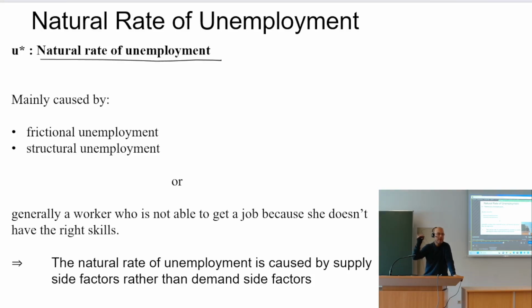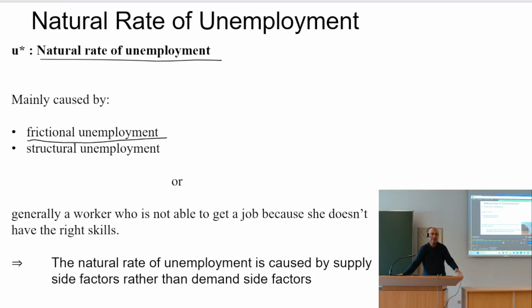For this, you can also remember your macro course, because there we talked about different kinds of unemployment. One kind was the so-called frictional unemployment, so that there is some problem in the matching process. In general, your job will be there, but you don't find it, or the company looks for you, but the company doesn't find you. This we called frictional unemployment.